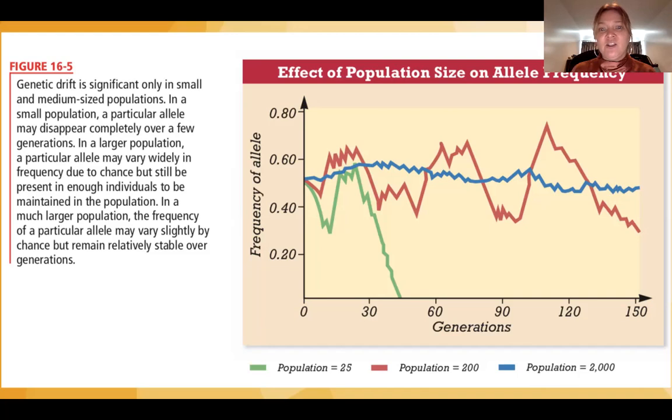So even on a population of 200, you can see at different times that there were certain events that had huge effects on the population, but it was able to recover. But whereas the small population, with whatever this event was, it just could not recover and it went extinct. And for the blue population, it was large enough that the genetic drift, or these things that occurred, were not significant enough to affect the entire species overall.